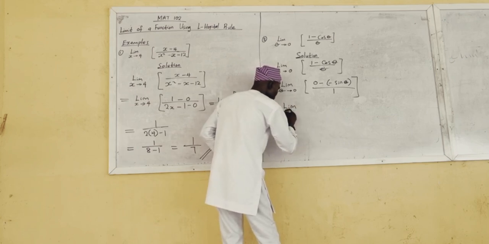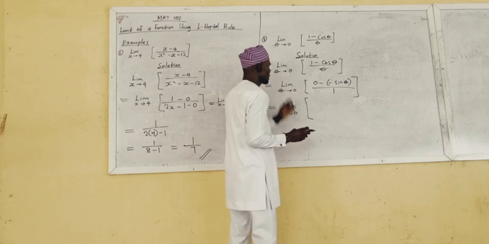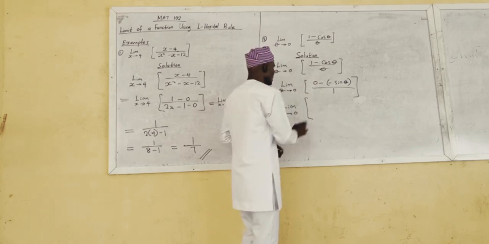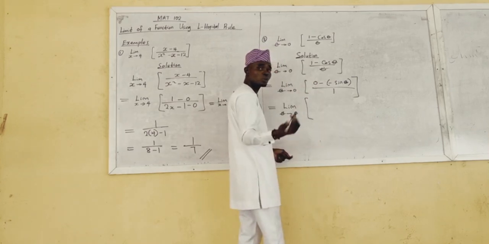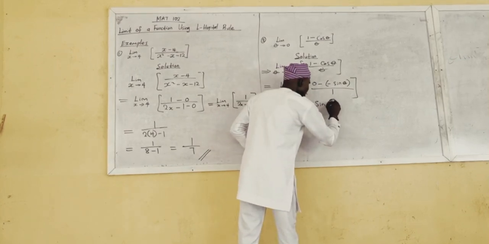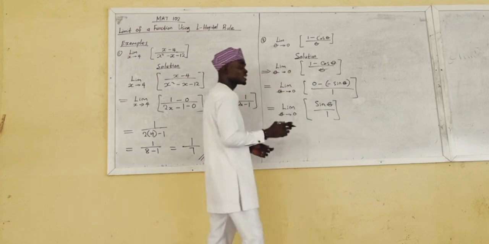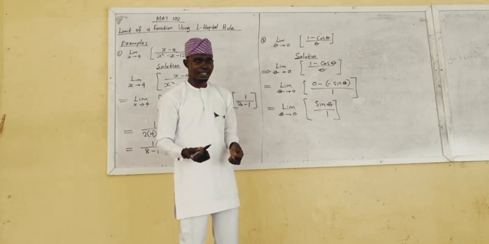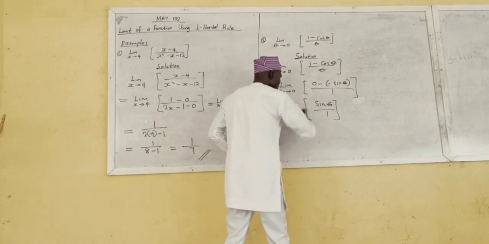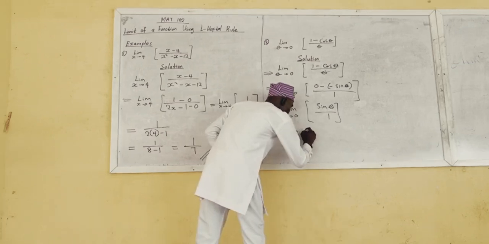The limit of the expression as theta tends to 0, then we have 0 will vanish, and we have minus, and minus will give us positive. So for the numerator, we have only sine theta over 1, which is still equal to sine theta. Now, if you put the value of theta here, we are going to have sine 0.